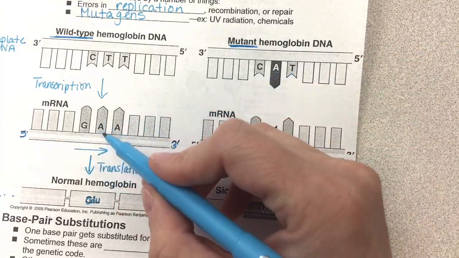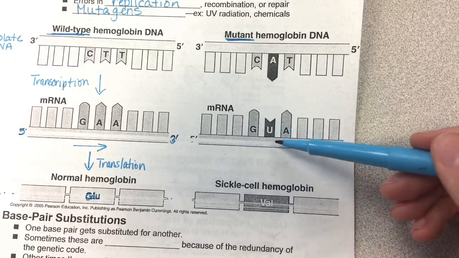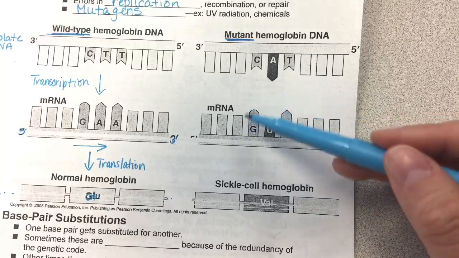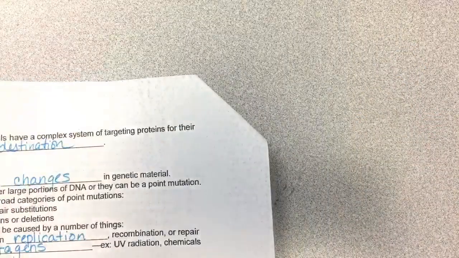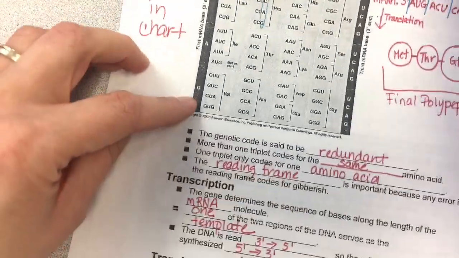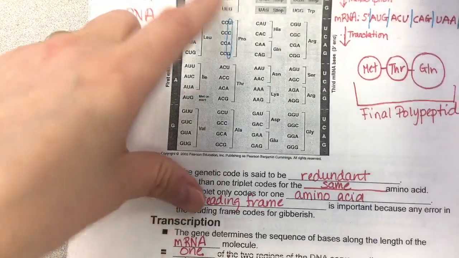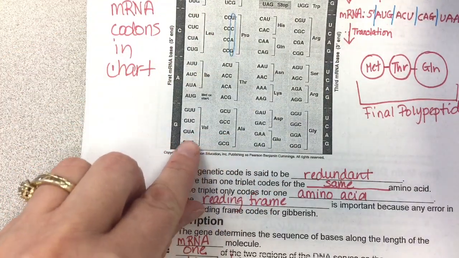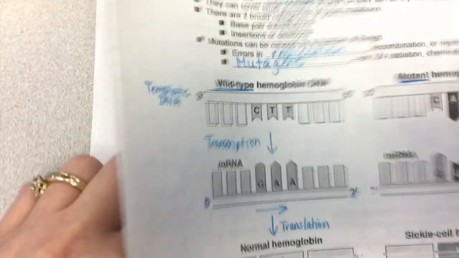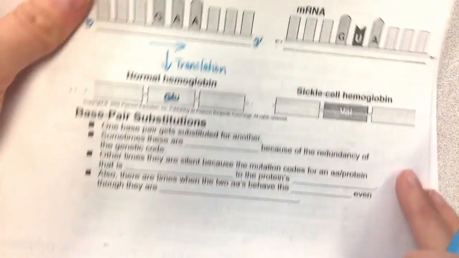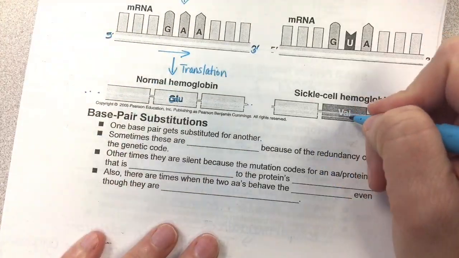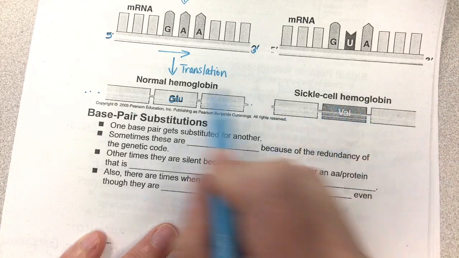Instead of GAA, it's going to be GUA, and then if you look at your chart, because remember we used the chart with mRNA codons, so we go back here, GUA is valine. All right, so now that's why it says here in this spot it's VAL. We have a different amino acid.